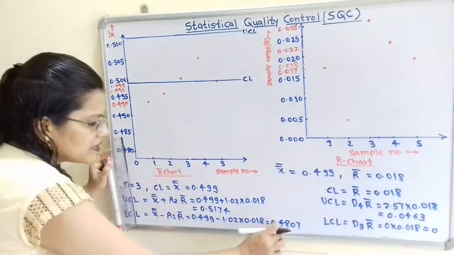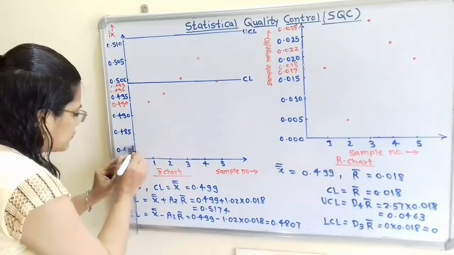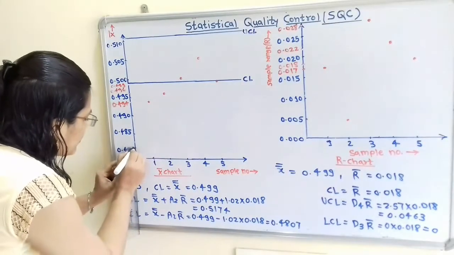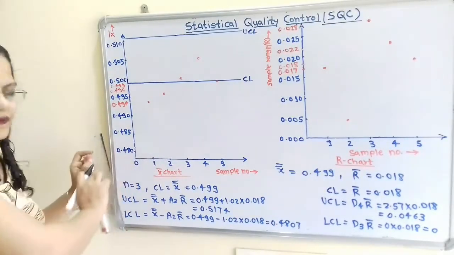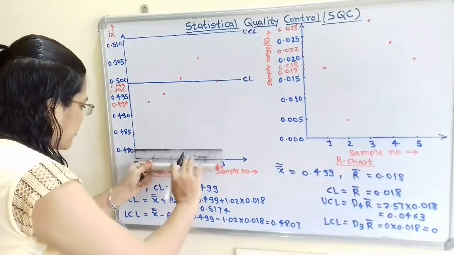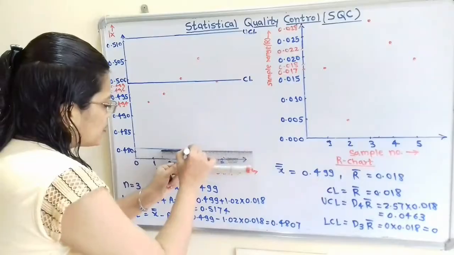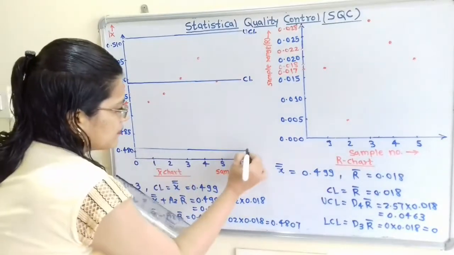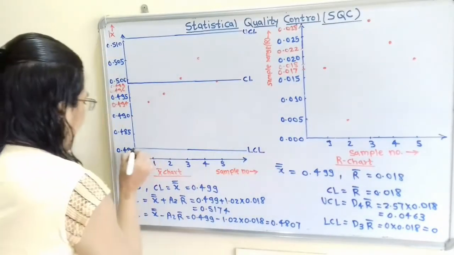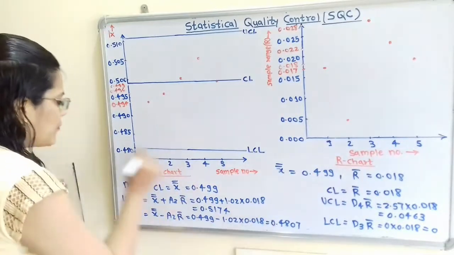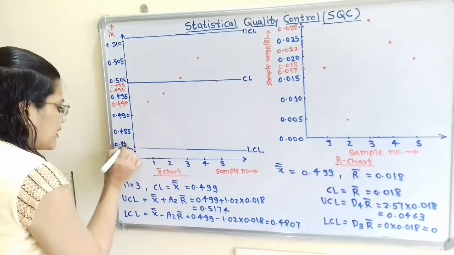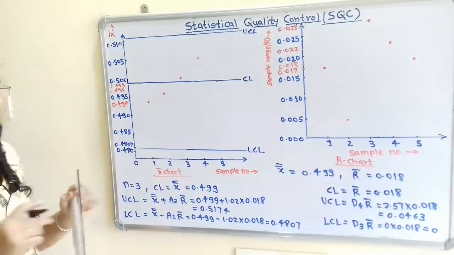That is because after 0 there is 7, so it is nearby 0.481. So I will take one approximate line here, and that is for this lower control limit. The value for this point is 0.4807.